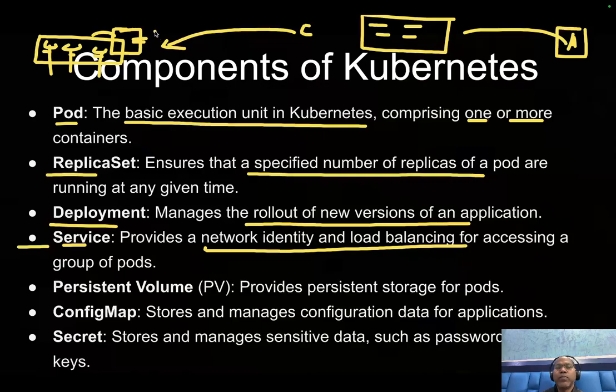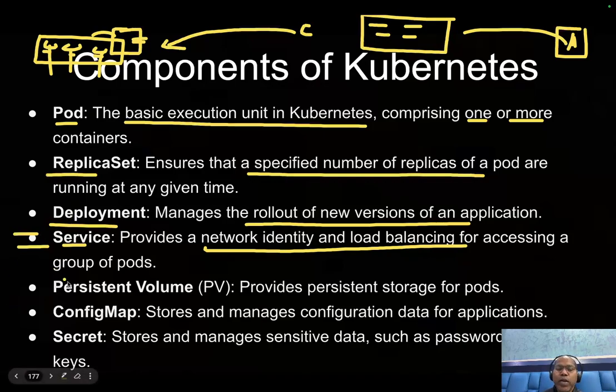The client only knows that this is my public load balancer IP to connect to. The service helps us provide networking, that means a public IP address in the form of load balancing, so that they can access your applications.